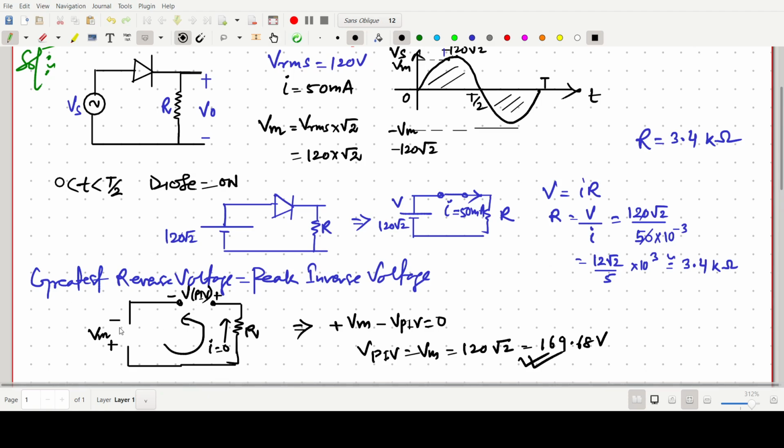This can be easily found by changing the polarity. So minus plus Vm, the diode will be open and the current will be 0. So there is no need to worry about this one. Plus Vm minus VPIV equals 0 by applying KVL, giving 169.68 volts.